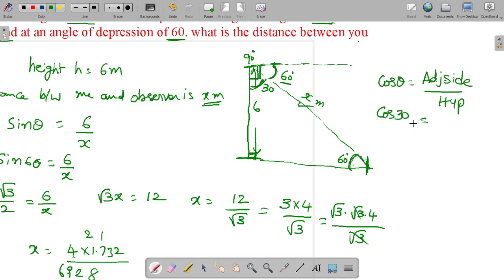Cos 30 is equal to adjacent side 6 by hypotenuse x. Cos 30 is root 3 by 2, equal to 6 by x. The remaining is all the same, so x is equal to 6.928 meters.